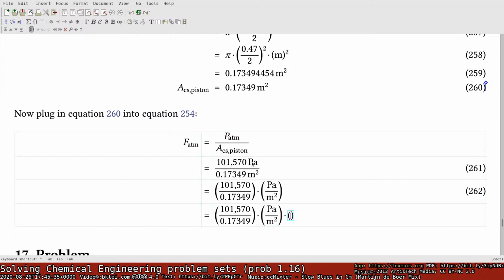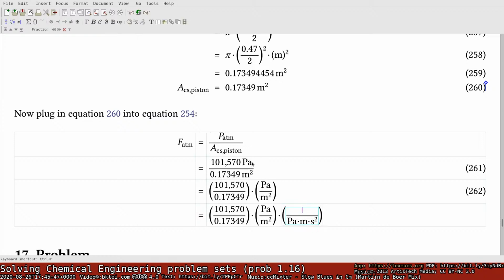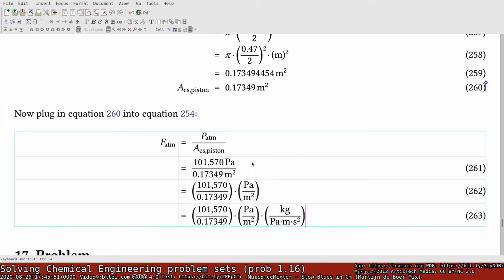Then the conversion factor is going to be pascal meter second squared per kilogram, if I recall correctly from earlier problems. So that's the same thing as saying 1 Pascal is equal to a kilogram per meter per second squared. Yeah. And I can do this in Wolfram Alpha later maybe to confirm it, but I'm pretty sure that's the case.